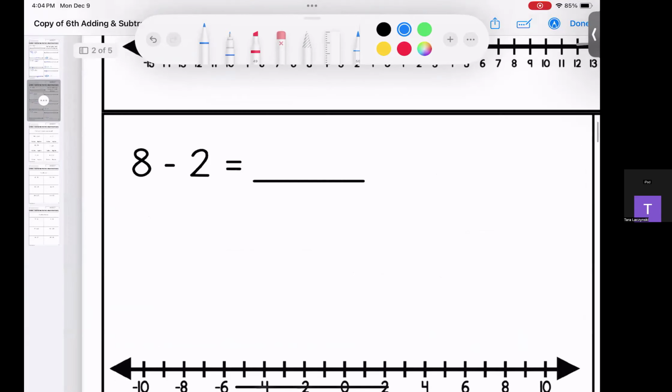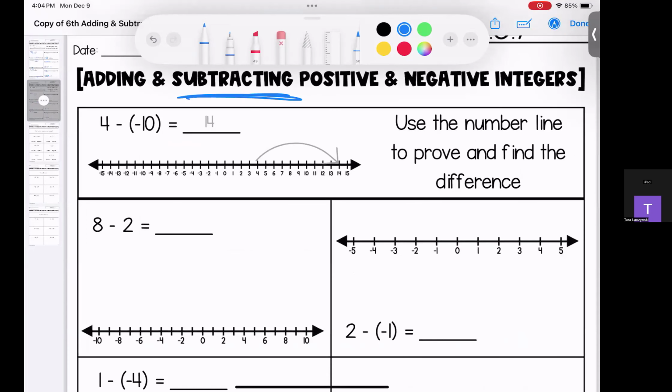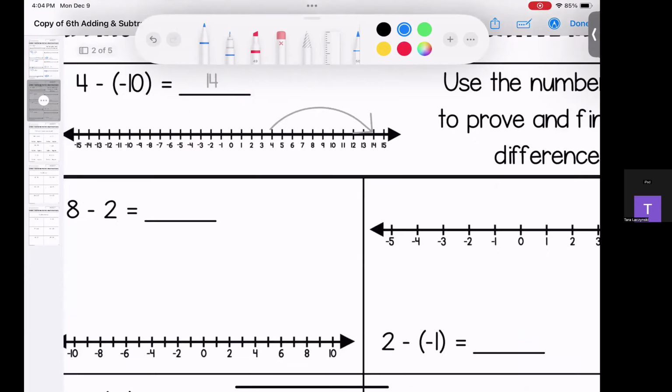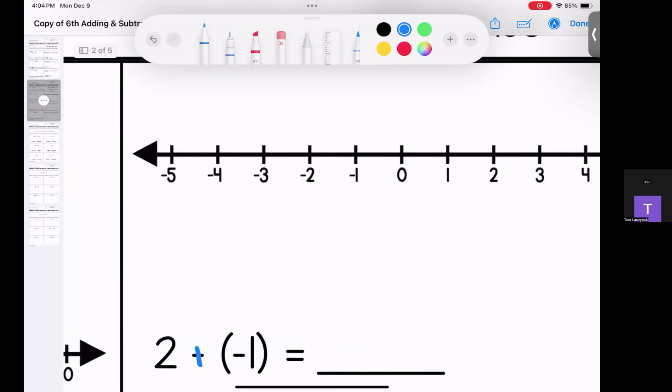Fresh screen, fresh question. We have subtractions. That means we need to use that keep, change, change. So keep, change, change. 8 minus 2 is 6. Bigger number is bossy. Over here, keep, change, change. 2 minus 1 is 3.